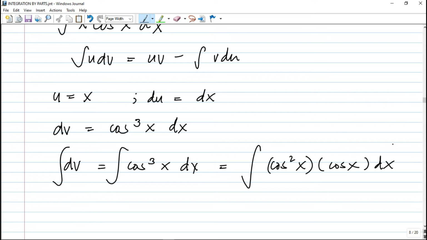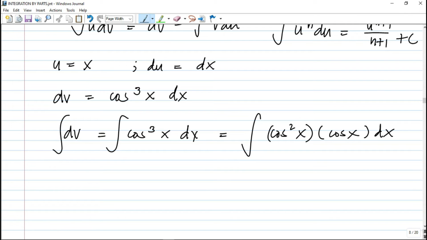The only way in order for us to actually integrate a cosine function, dapat may katabi siyang sine, 'di ba? Because yung formula natin for power formula is integral of u raised to n, derivative of u, so we have u raised to n plus 1 over n plus 1 plus c.